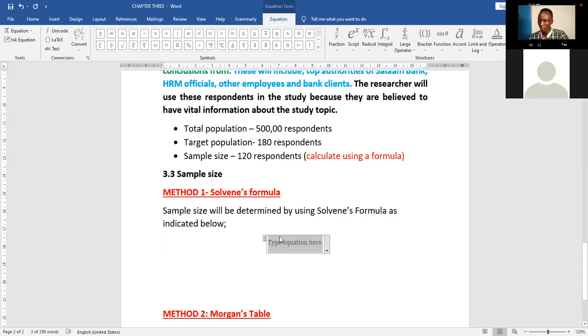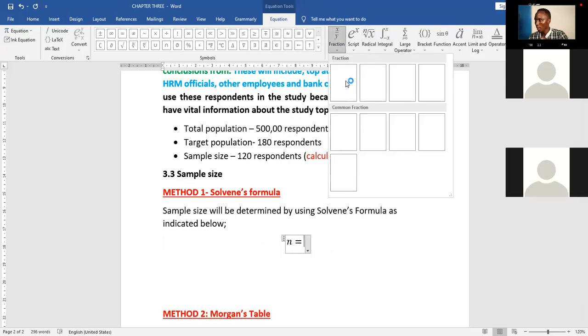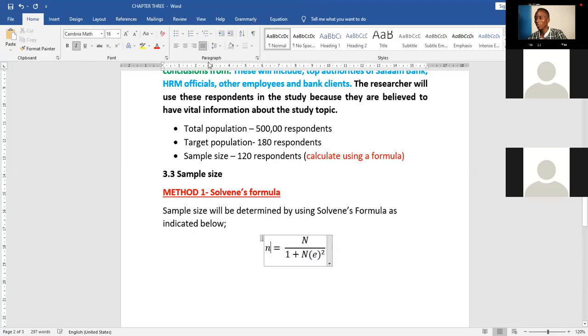We're going to say that small n is equal to capital N, then below, down here, 1 plus capital N, then in bracket, E squared. So this is the formula that I was telling you about.